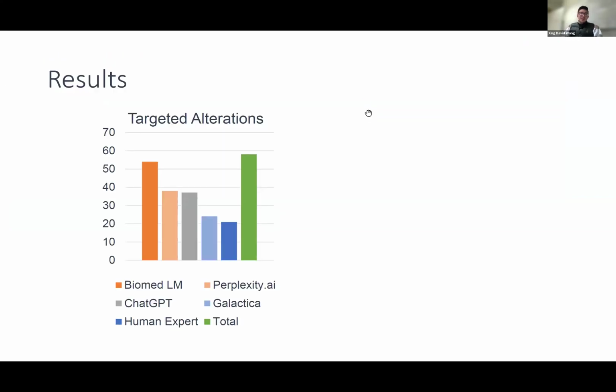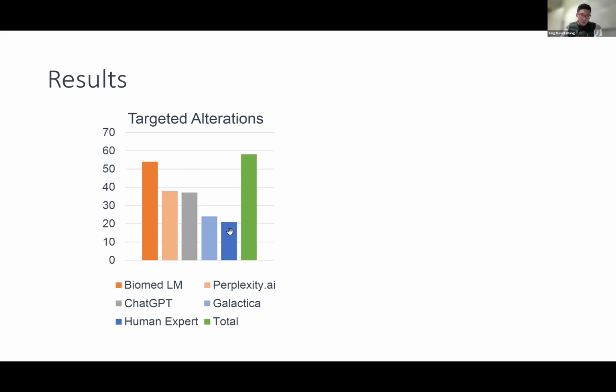So first, some general quantitative results. We had 10 fictional patient cases, and in total, they had 58 targetable alterations. And as we can see here, in this left diagram, we show for how many of these alterations the LLM suggests treatment options.